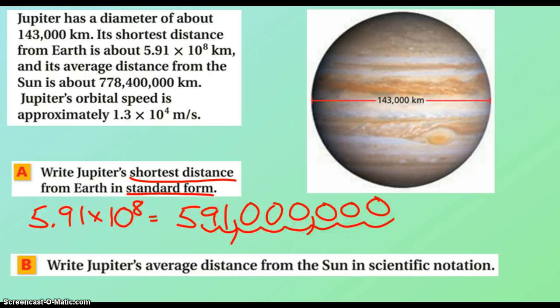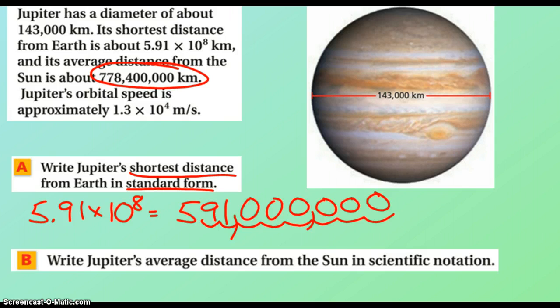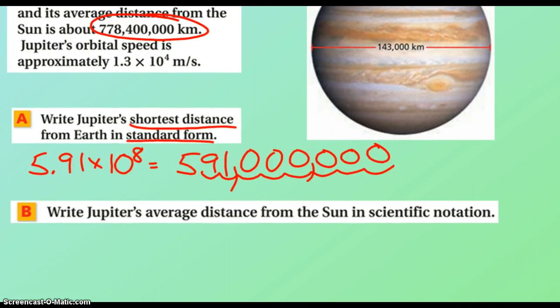And then we take the average distance to the sun, which is this number right here, and we can write this in scientific notation. All we have to do is work backwards. So 7, 7, 8, 4, bunch of zeros.